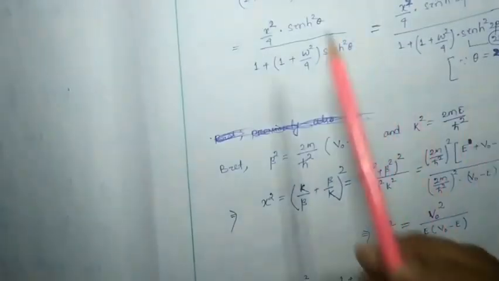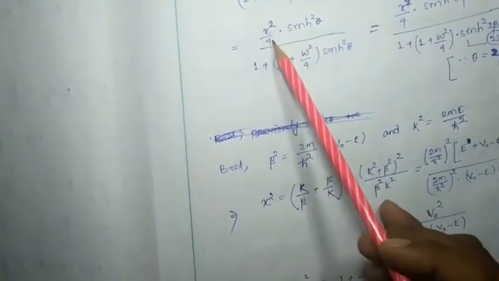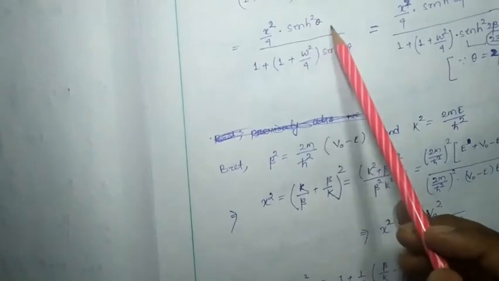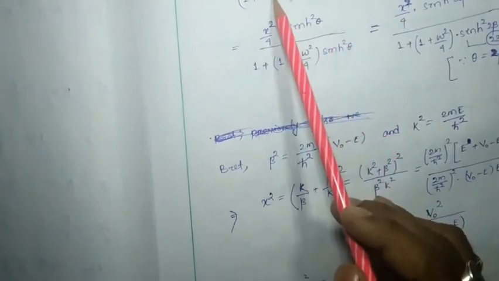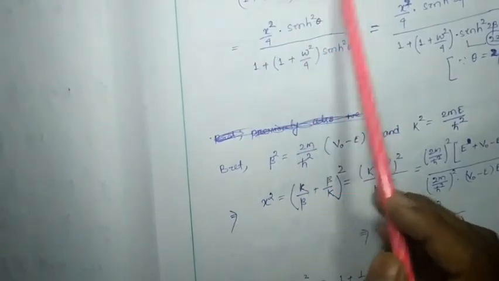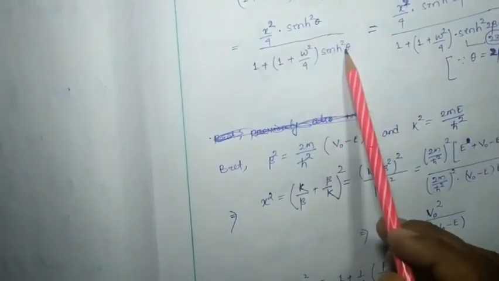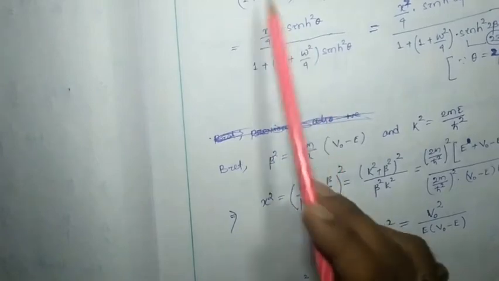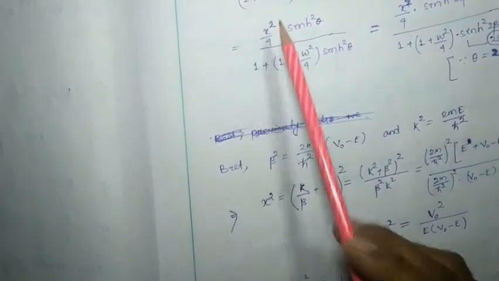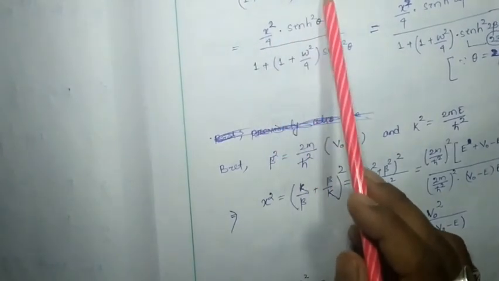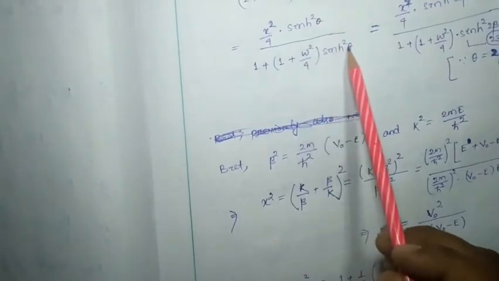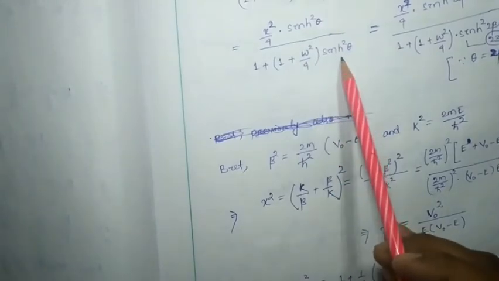Now here, in (x²/4) sinh² θ, you can see the sinh term is common, so we can take it outside. So the denominator will be 1 plus, here, 1 + ω²/4, with sinh² θ taken outside as a common term.